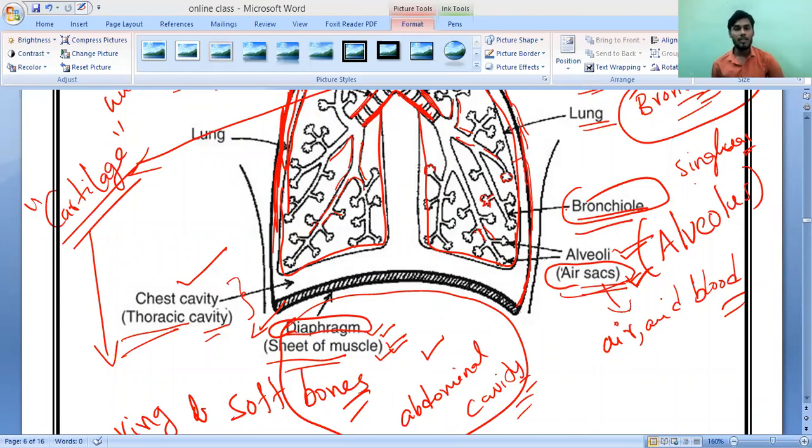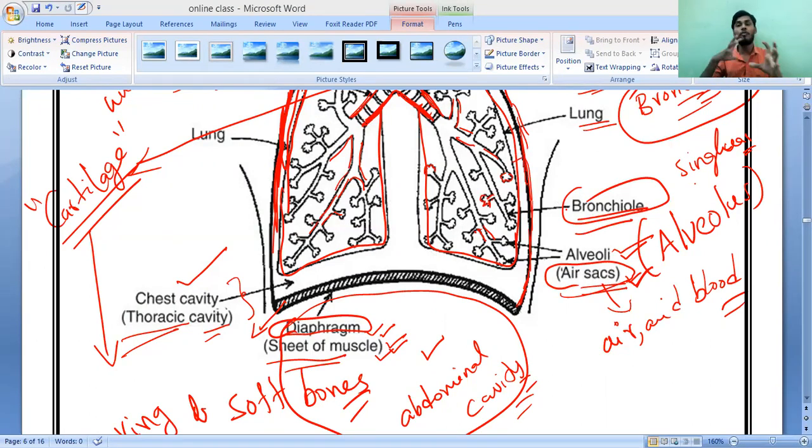The walls of these alveoli are very thin, and they are surrounded by very thin blood capillaries. In the alveoli, oxygen is taken into the blood and carbon dioxide is eliminated.